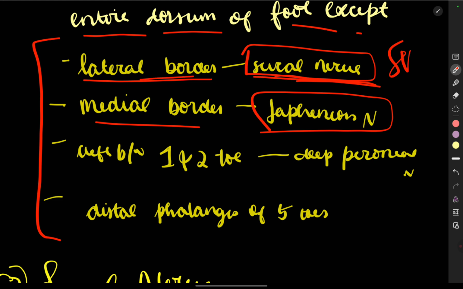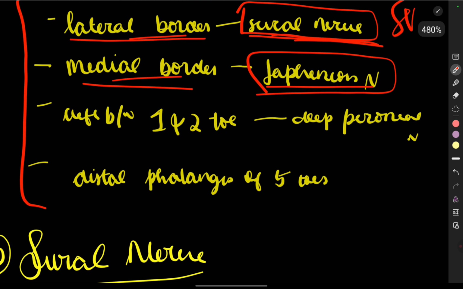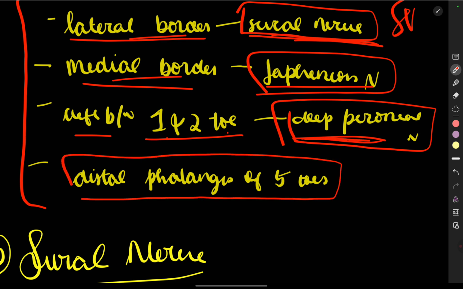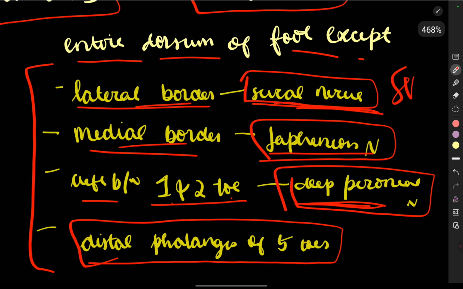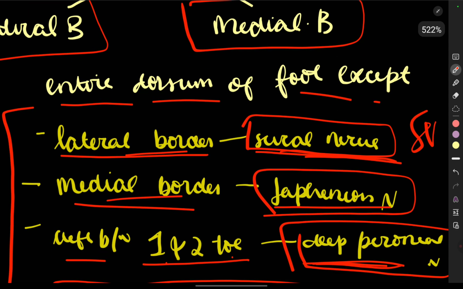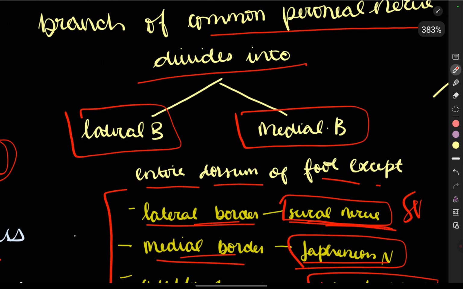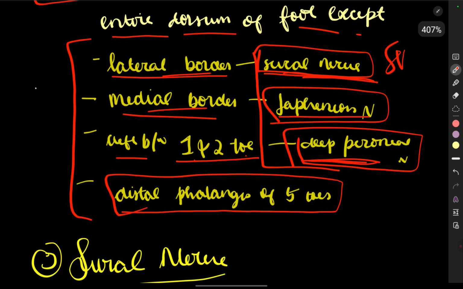Lateral by the sural, medial by the saphenous. The cleft between the first and second toe is supplied by the deep peroneal nerve, and the distal phalanges of the five toes are also not supplied by the superficial peroneal nerve, because other nerves take part there.